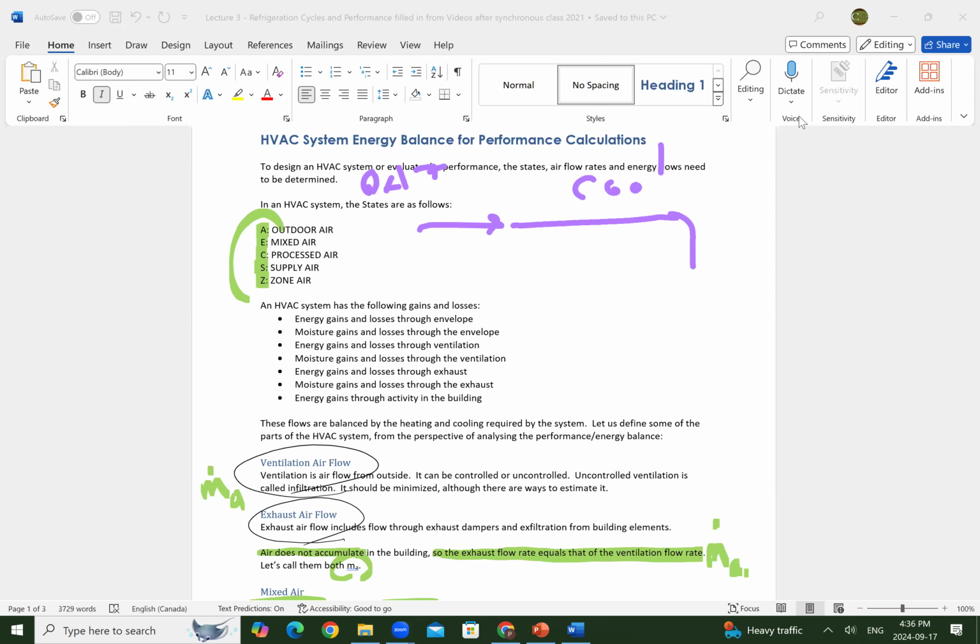We do a process of heating, and then we gather some of the air from the rooms. So this is return. This is return air, and then we exhaust this air, but we keep some of it, and that's our mixed air.